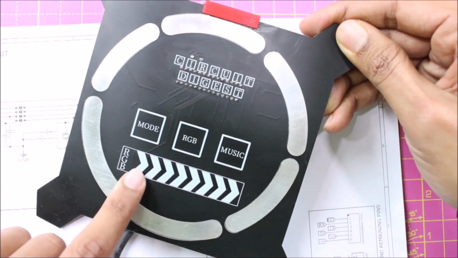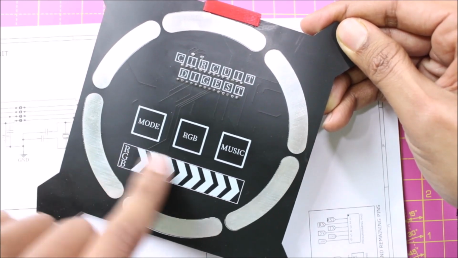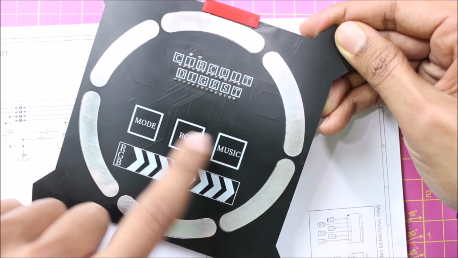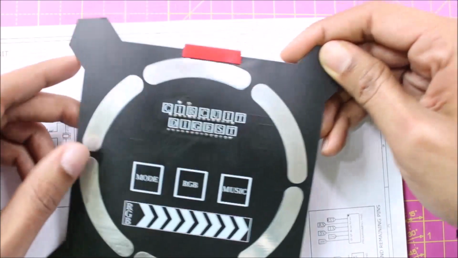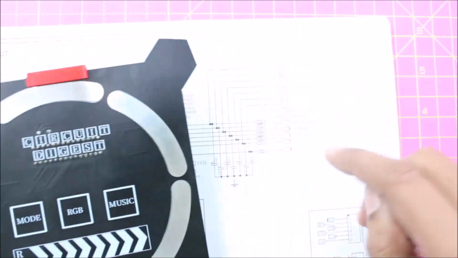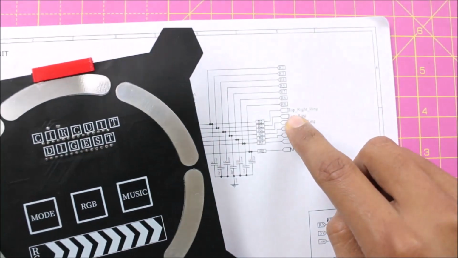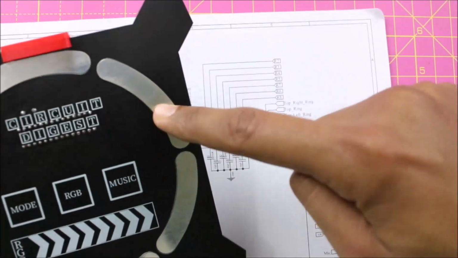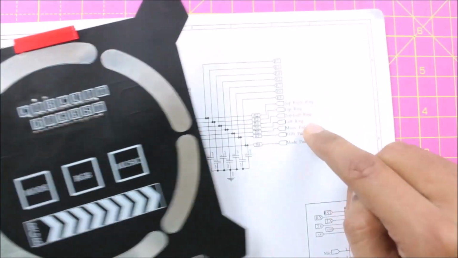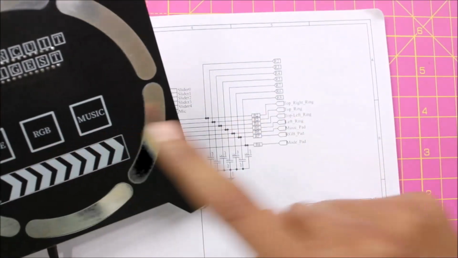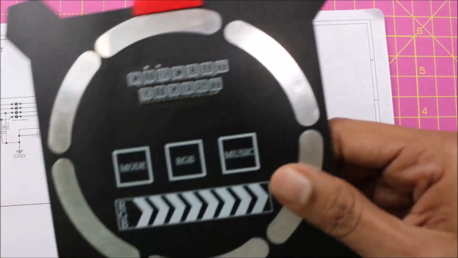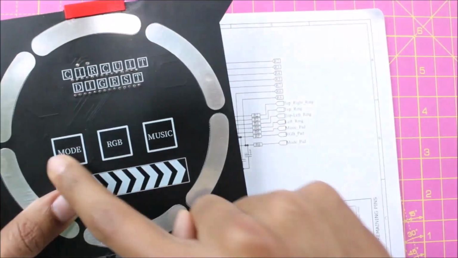We have pads below this slider, so let's call these slider pads, and these are the 3 modes, so we'll call them mode pads: mode, RGB, and music pad. Then this ring, for easy understanding, we have mentioned as top right ring, and then top ring, which you can see here, top left ring, and then we have the music pad connected here, the RGB pad here and the mode pad here.